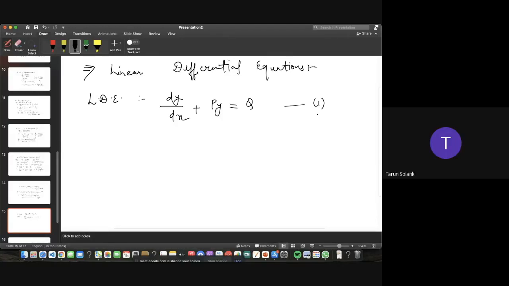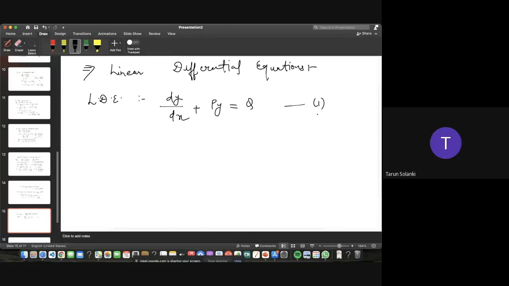This type of differential equation is solved by multiplying by a factor called the integrating factor, because by multiplication of this factor the left-hand side of the differential equation becomes the exact differential of some function.